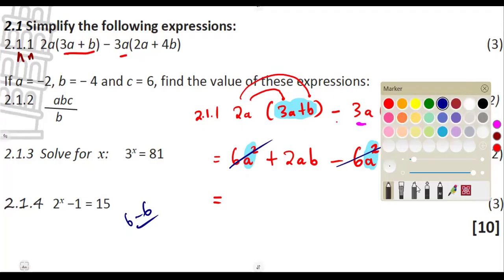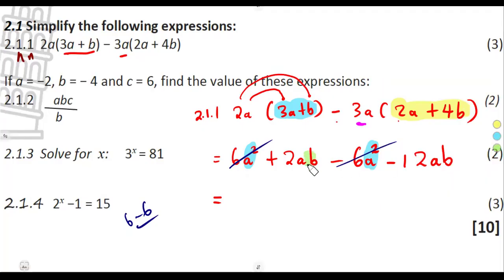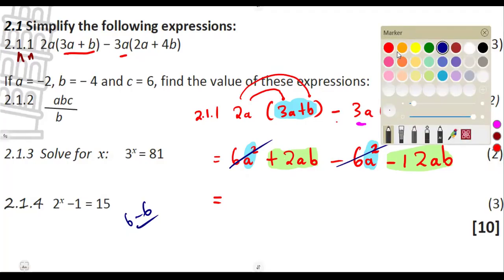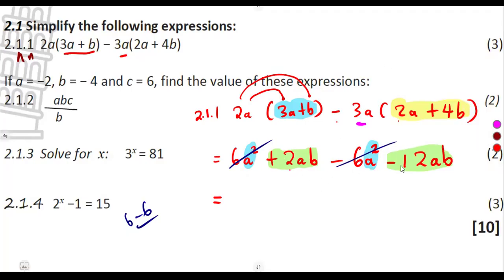Then we have the part of ab. There is an ab here, so you're going to consider positive 2 and these are like terms. So considering what we have, this is 2 minus 12, which is going to give us negative 10ab, like that, right?